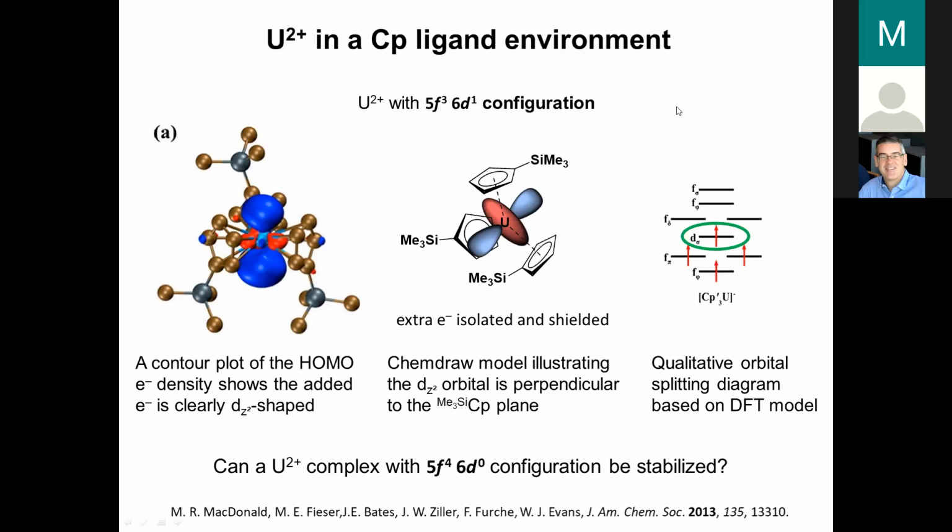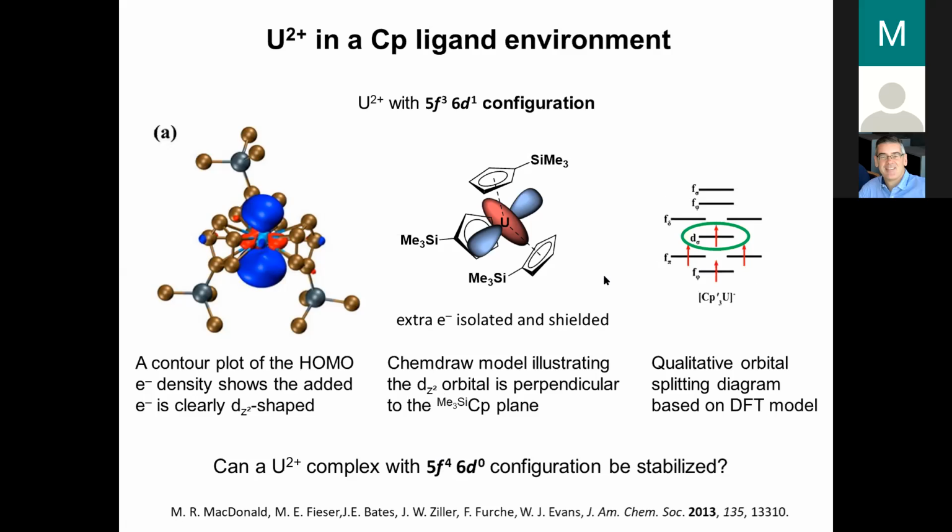One of the first projects that I worked on as a grad student was, can a uranium(II) complex actually be synthesized with a 5f4-6d0 ground state by tuning the stabilization of these core orbitals, or the valence orbitals that are involved in the reaction?